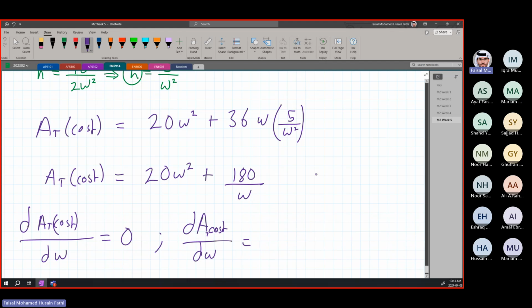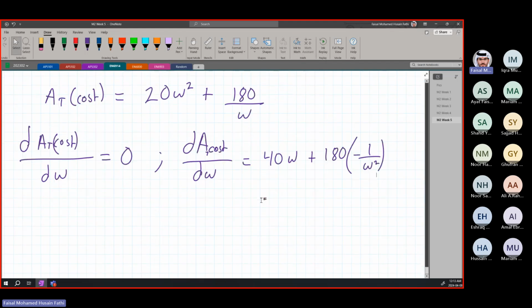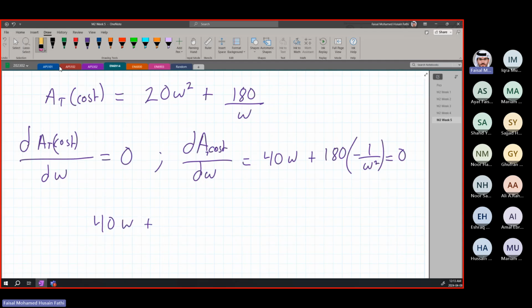The first one is 2 times 20, which is 40W, plus 180 times minus 1 over W squared. Okay? And this has to be equal to 0. Let's simplify. So 40W plus 180, actually this becomes minus 180 over W squared is equal to 0.